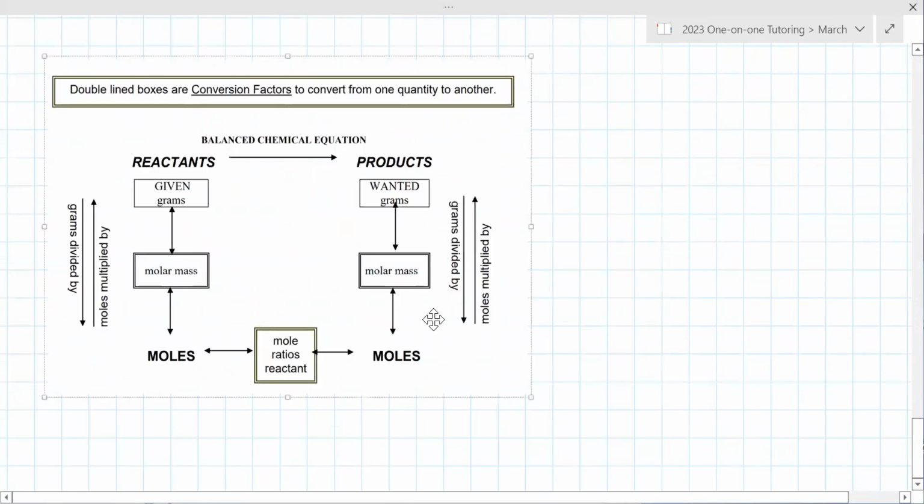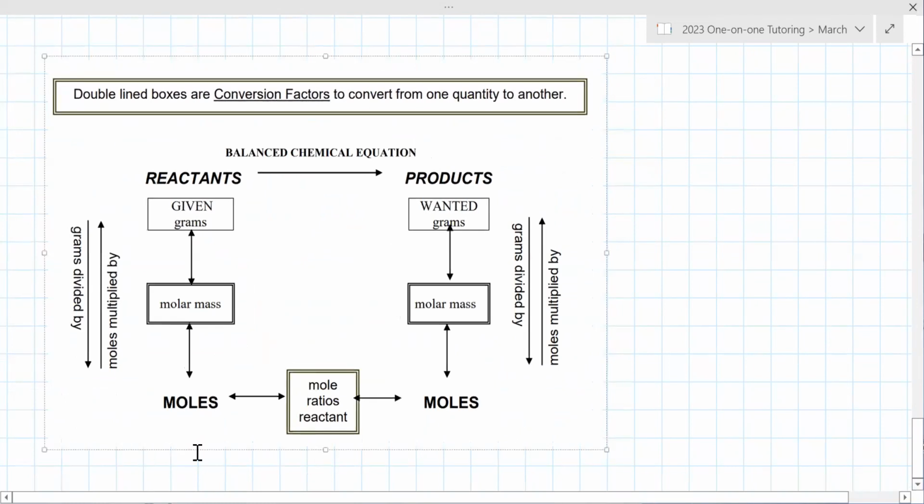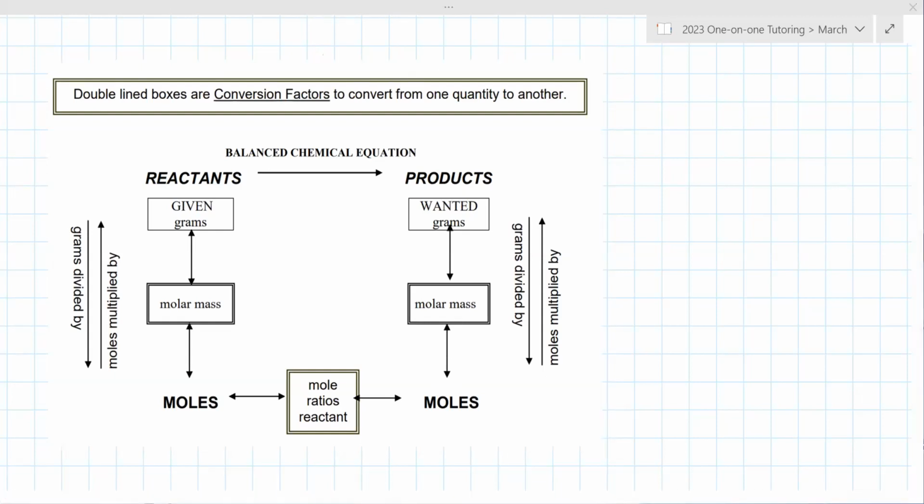This is kind of what you were asking me about in the beginning, which is this map. Maybe you've seen this in class, but if you're given grams, use the molar mass to convert it to moles. Use the balanced chemical equation mole ratio to convert it to moles, and then the molar mass to go backwards.